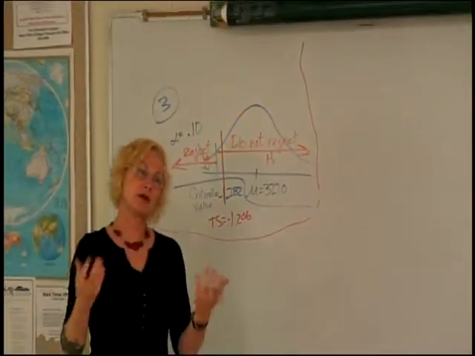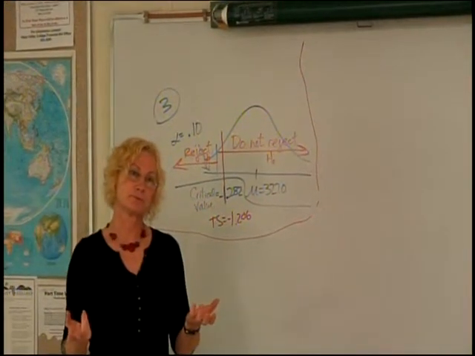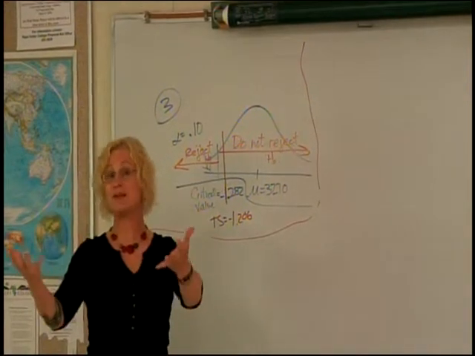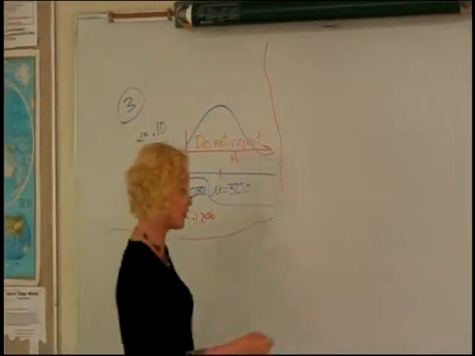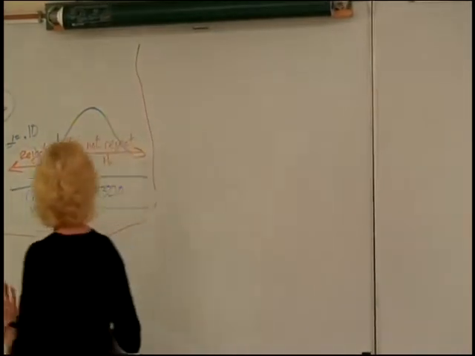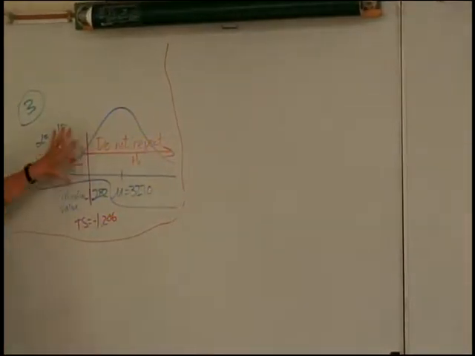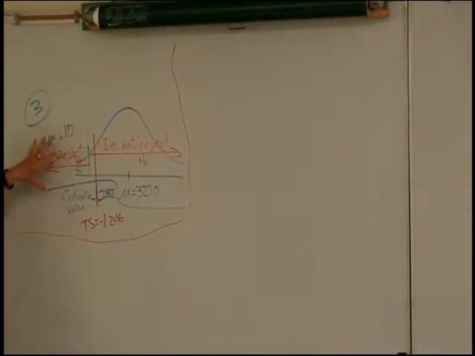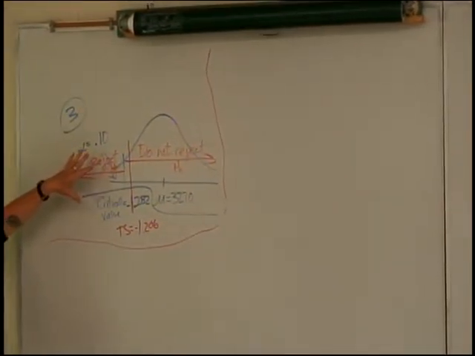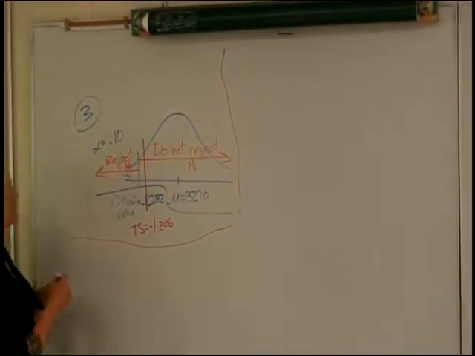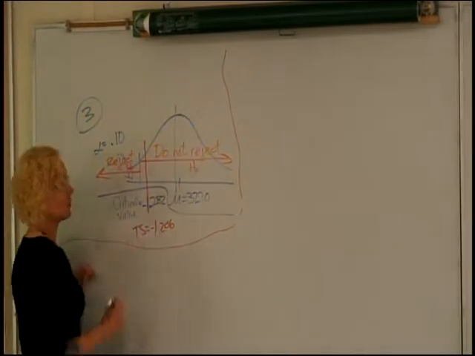So if the researcher just presented that information, do not reject H0, well then we don't really know how close the critical value sits to the test statistic, and vice versa. The test statistic could be really, really darn close.